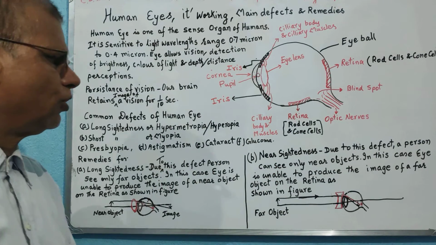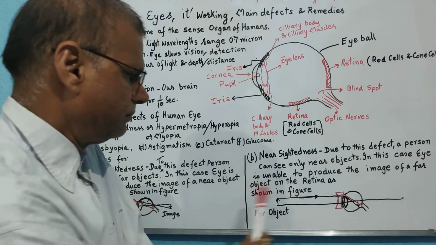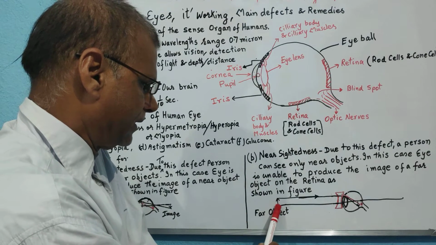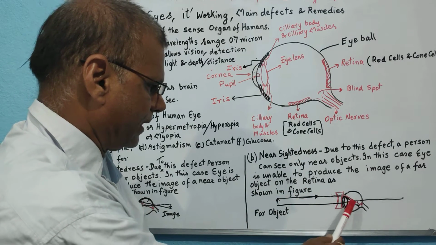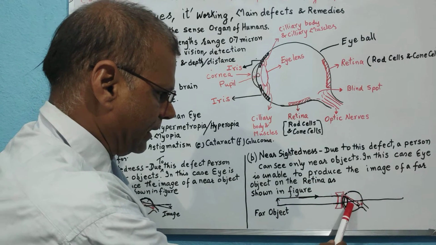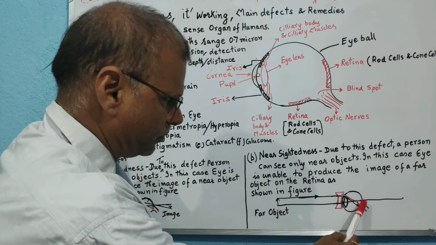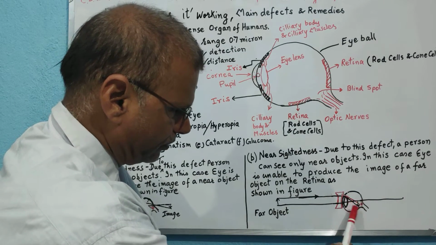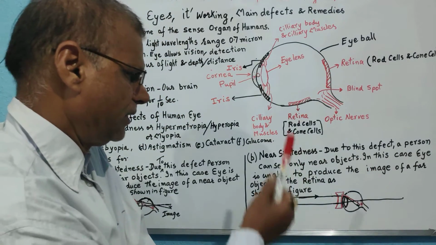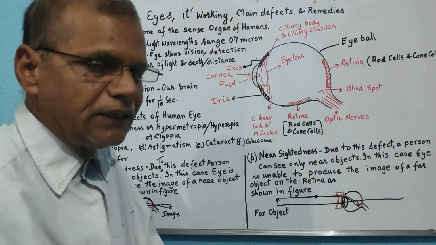Now in case of short-sightedness, what happens? We have no problem in viewing near objects, but in the case of far objects, the image formed by the eye lens alone is not formed on the retina, rather it is formed just before the retina, somewhere in between the eyeball but not on the retina.